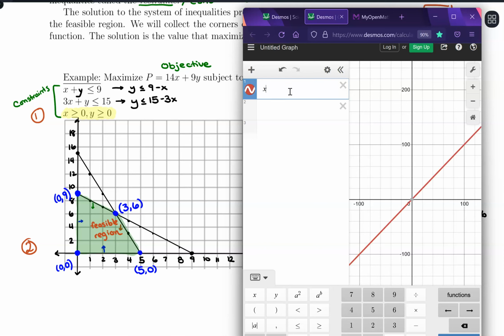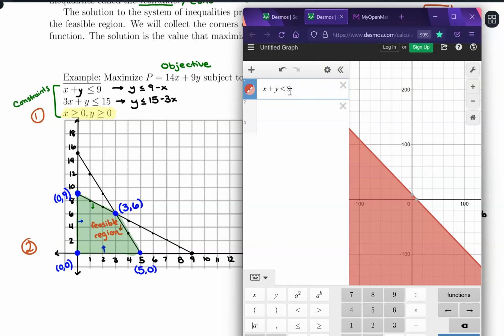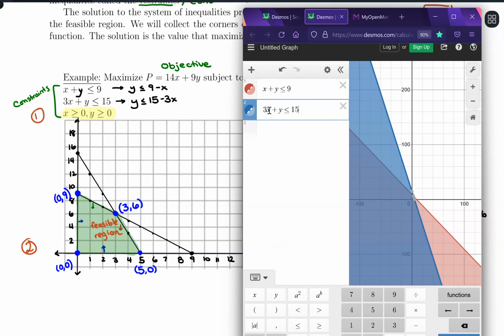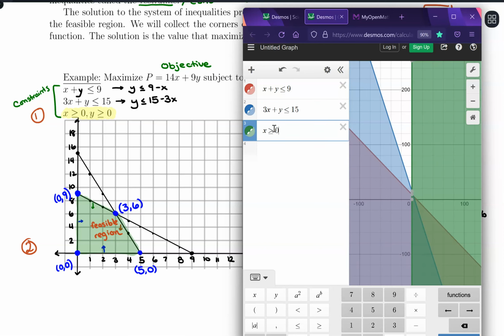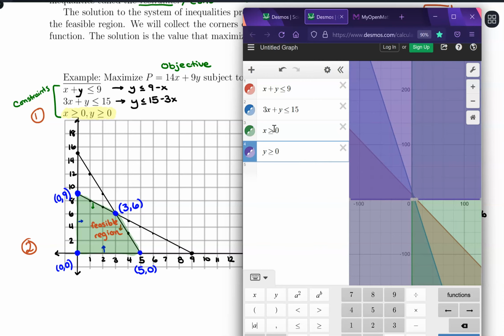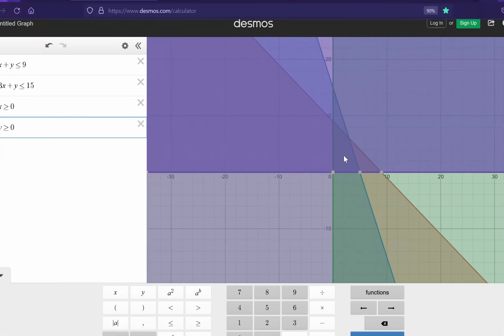Then in Desmos, to get a visual for this, what we can do is graph all of these. Like we can graph x plus y is less than or equal to 9. We can graph 3x plus y is less than or equal to 15. And then we'll have x is more than or equal to 0, y is more than or equal to 0. And as you can see, it gets messy real quick, especially since I'm super zoomed out. Let's zoom in.